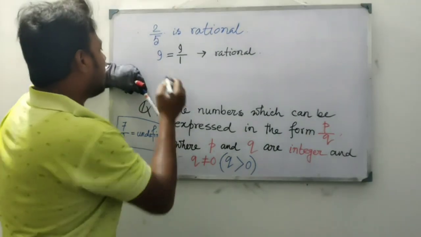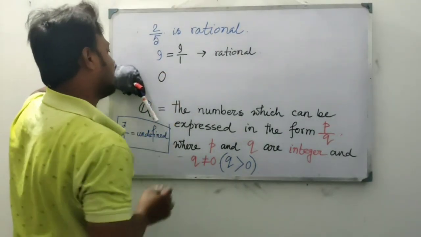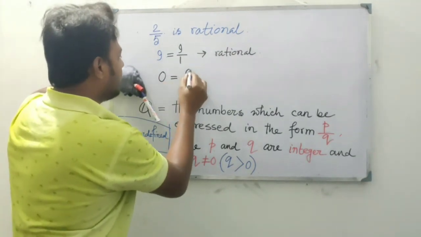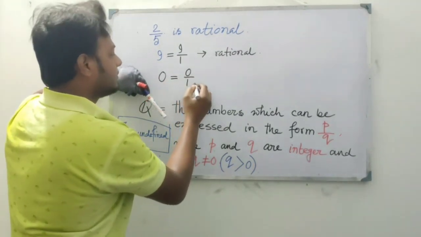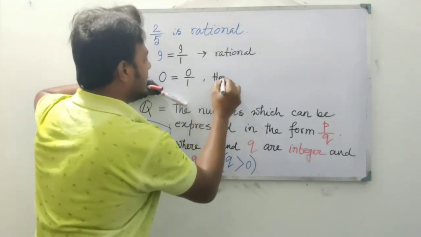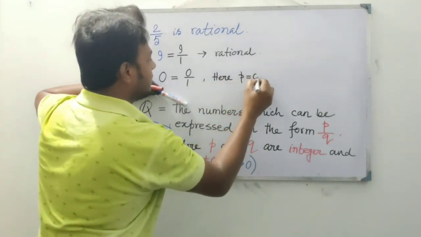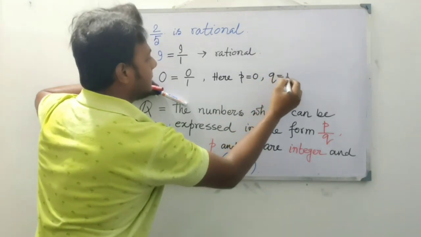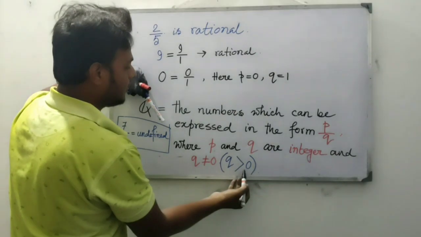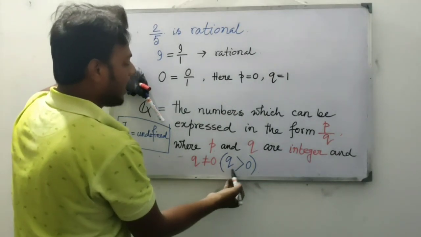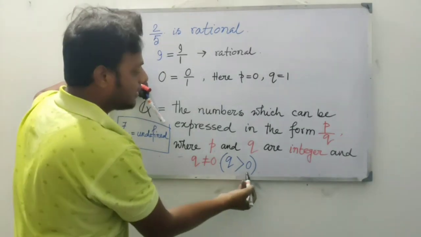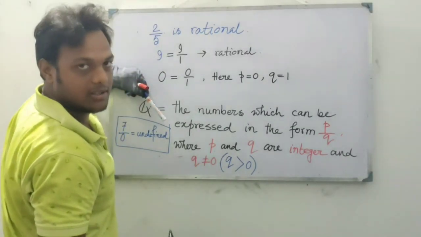Okay. Now what about 0? Most important part. So 0 can be written as again 0 by 1. Okay. So here this is also rational. Why? Here p equals to 0, q equals to 1, and the restriction is q not equals to 0 or q greater than 0. Okay. And I will explain later why we have considered here q greater than 0.